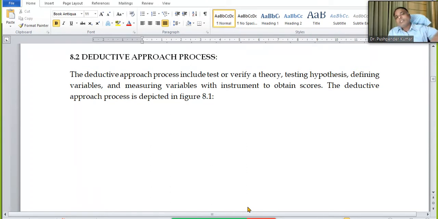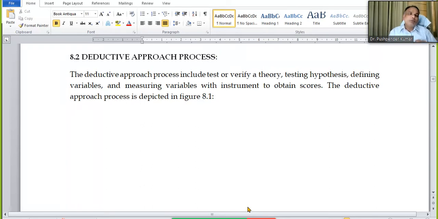General hypothesis, proposition, and then statistical hypothesis. They define their constructs and variables, and they try to capture them with different instruments, maybe a questionnaire, and in a questionnaire we have nominal data, ordinal data, interval data, and finally scale data. So whenever you see all these features in a research, this would be deductive research.